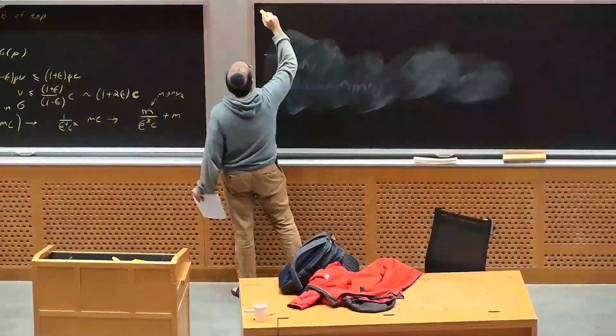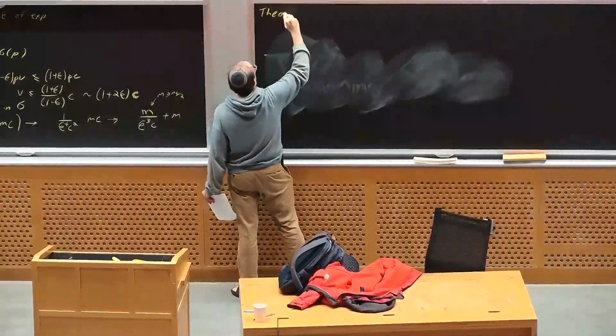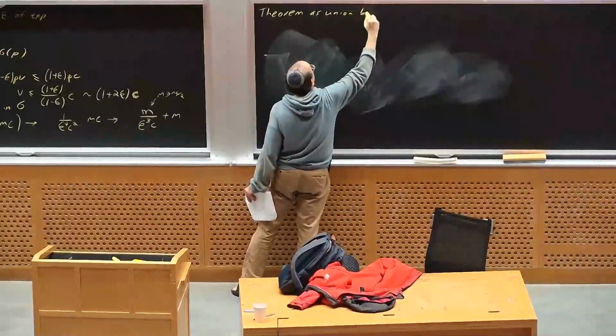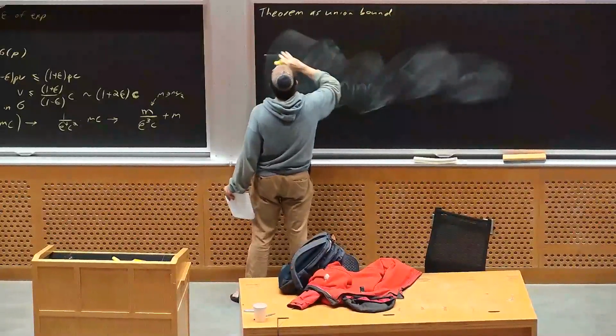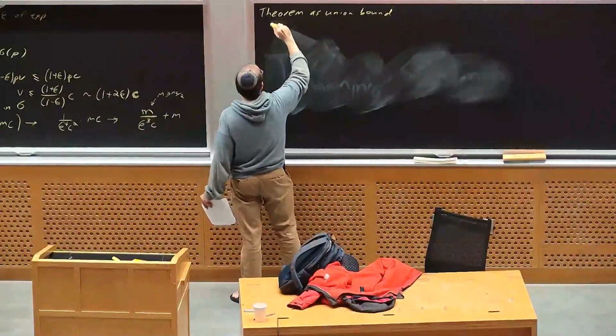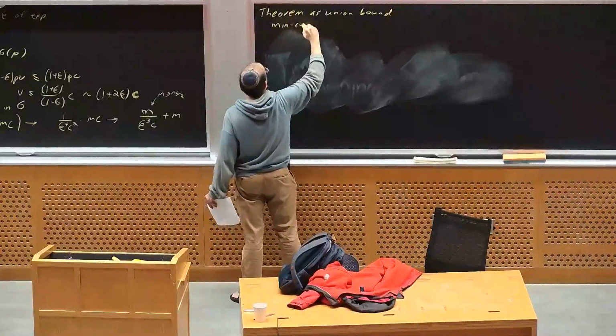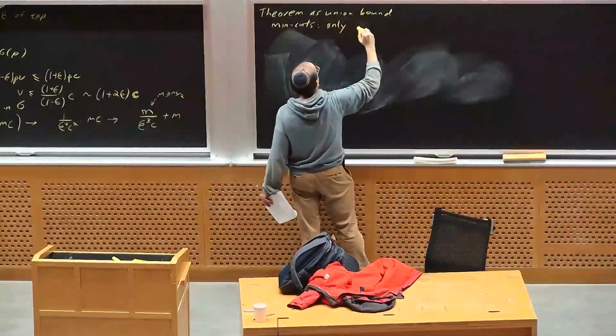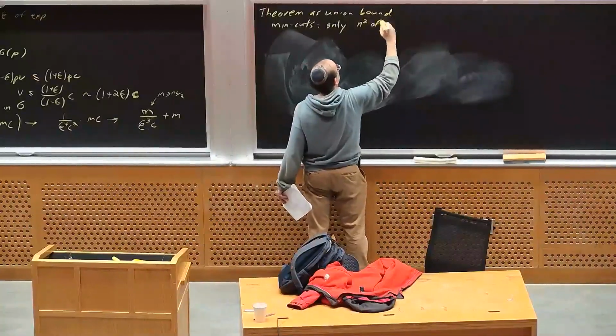Right, so now we are going to do the theorem as a union bound. First of all, let's consider the min cuts, right? There's only n squared of them.